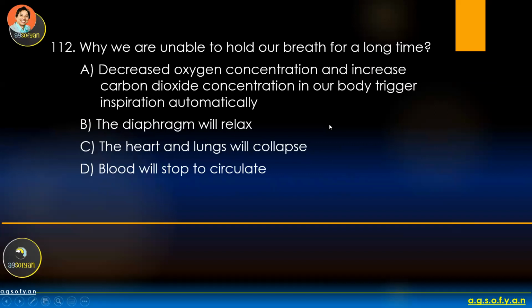Why are we unable to hold our breath for a long time? If we try to hold our breath, we will definitely breathe eventually, because we cannot hold it. Why? Remember, this is an automatic control by the pons and medulla oblongata.